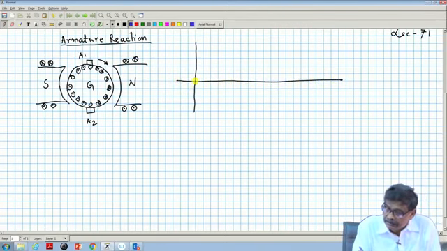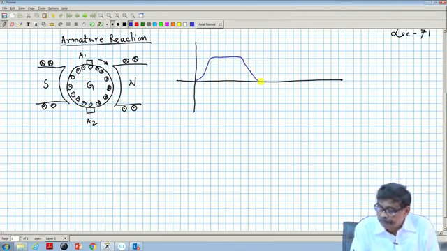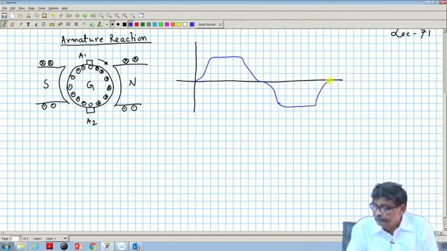As I told you, it will be trapezoidal in nature, like this, and it continues.